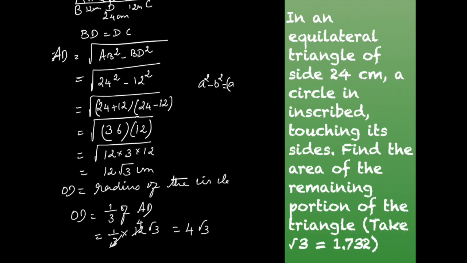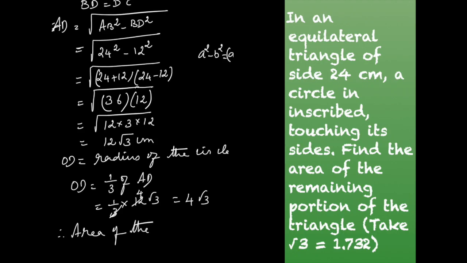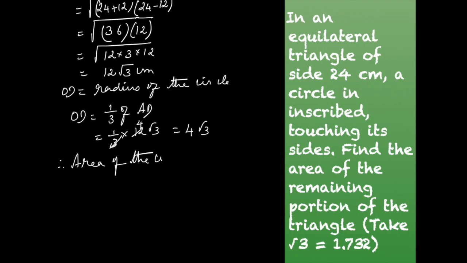Now we can find out the area of the circle. Therefore, area of the circle is pi r square, that you all know. So pi, 22/7 into r square, where r is 4 root 3, the whole square.